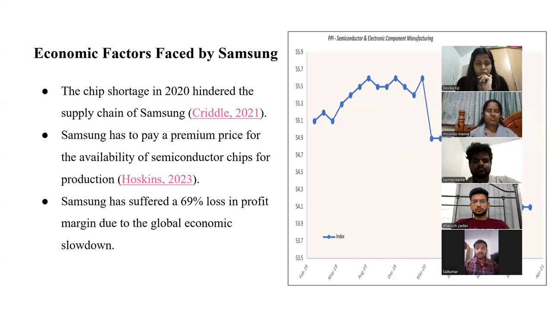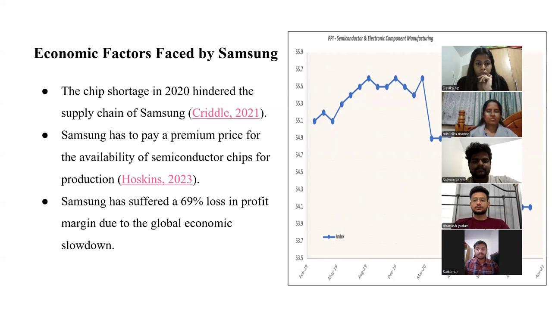Among the economic factors, Samsung faced 69% less profit due to the global economic slowdown. This slide discusses the economic challenges faced by Samsung.